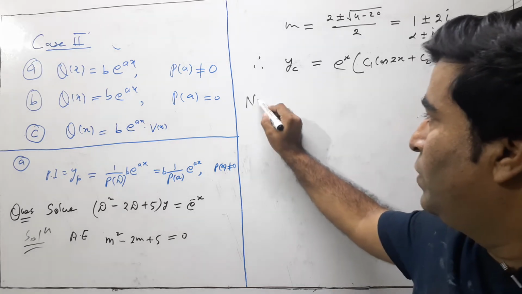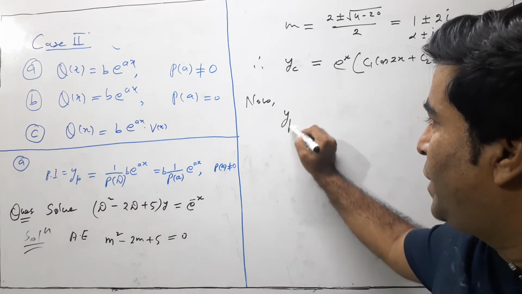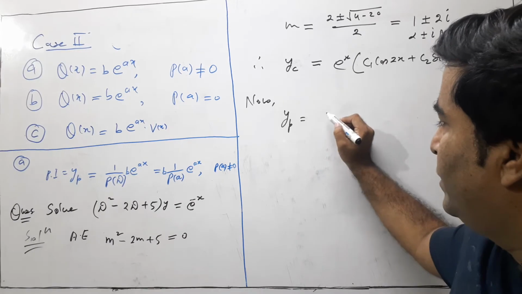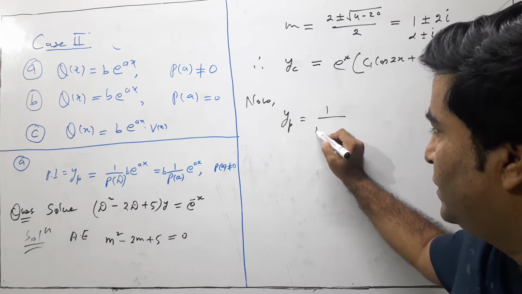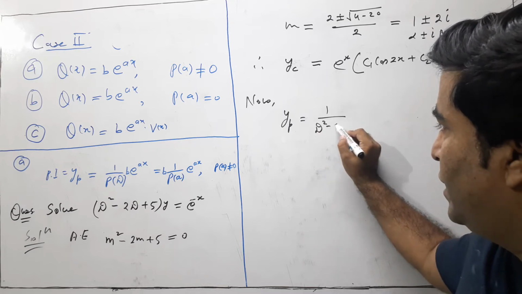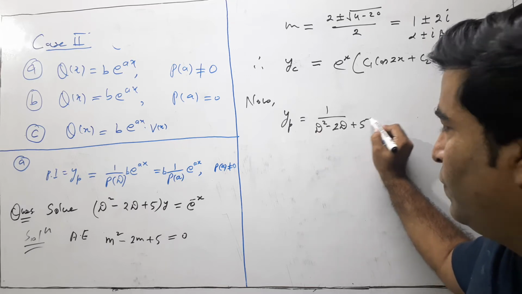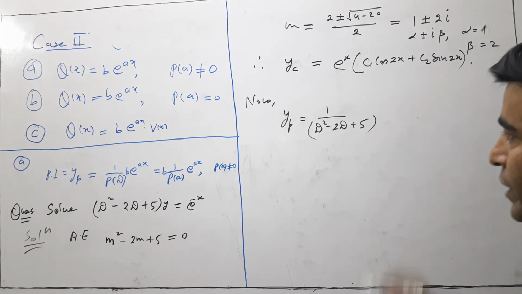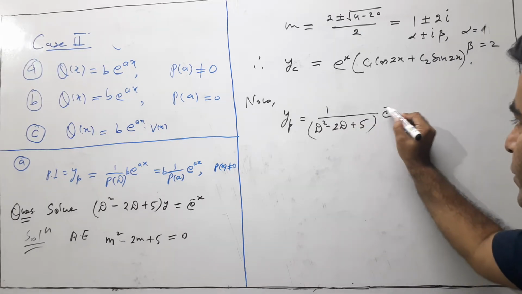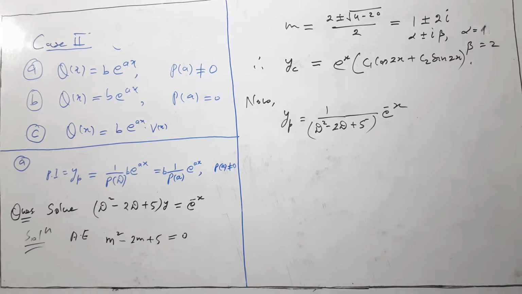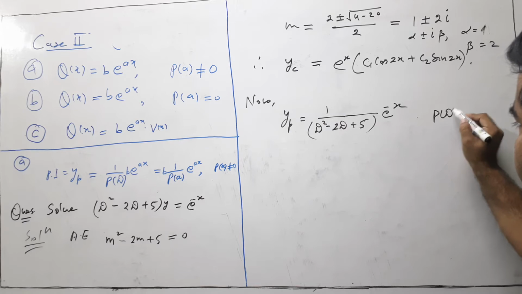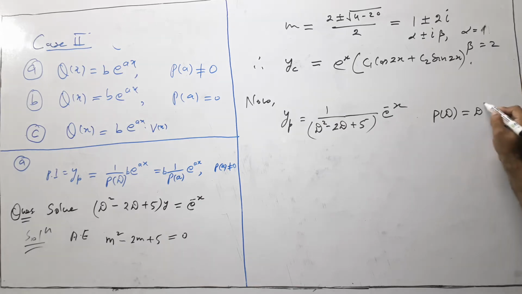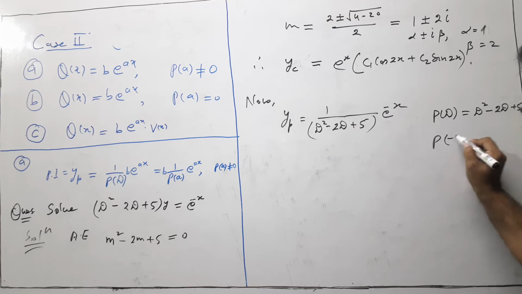And now we find the particular integral. This is written like this: 1 upon (D square minus 2D plus 5) into e to the power minus x. So here the polynomial in D is D square minus 2D plus 5, and now we check.